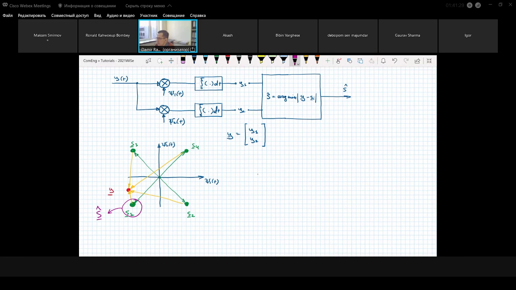Yeah, the main point is actually, yes, we need to calculate Euclidean distance, but we relax this problem. We simplify it, and instead of calculating Euclidean distance, we calculate the absolute value of the difference. And the result, surprisingly, we get the same result. Because for us, what's important is not the distance itself, but finding the closest possible candidate.